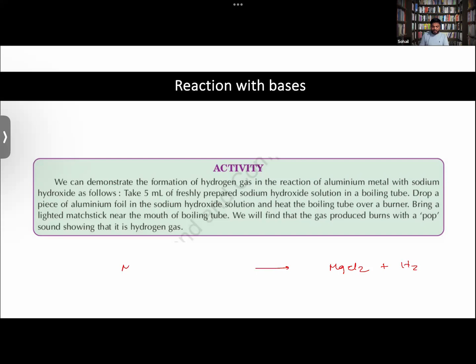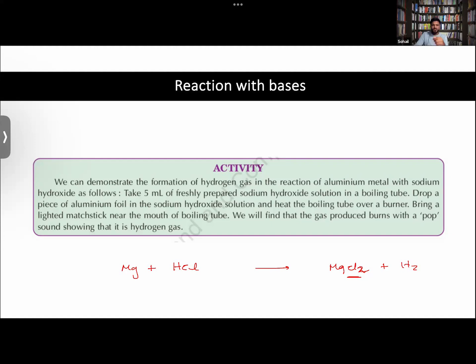So you said magnesium will be reacting with an acid. What is the name of that acid? You can guess from it. This is chlorine. In which acid do you find chlorine? Hydrochloric acid, no? HCl. Right now. So magnesium displaces hydrogen and reacts with chlorine to form magnesium chloride, and hydrogen gas is liberated. Getting it now? Okay.